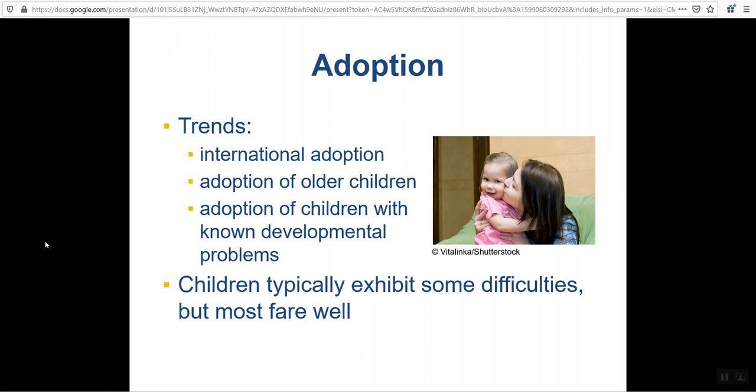There's been an increase in awareness for adoption of older children, but still, as children age, the likelihood of their adoption decreases. And certainly adoption of children with developmental issues and disorders also decreases their likelihood of adoption. So agencies are always trying to raise awareness about the individuals in those circumstances.